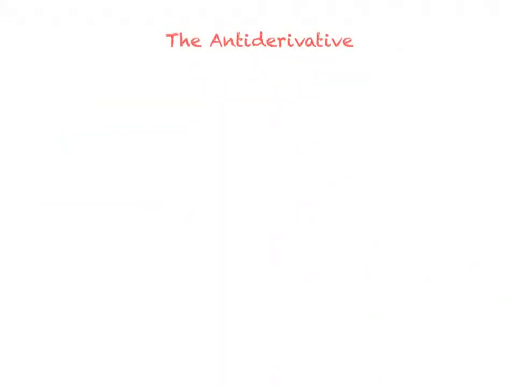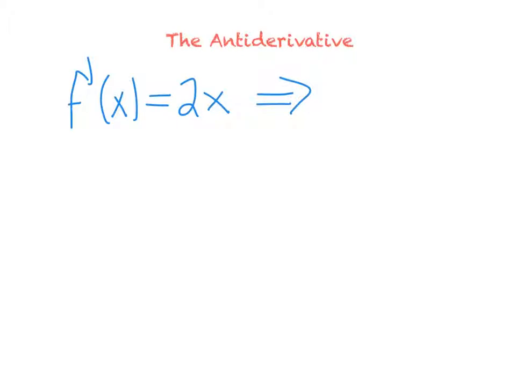I'm going to start the explanation with a very simple example. Let's think of the derivative as 2x. In this case, what would be the function whose derivative equals 2x? If you remember, we used to multiply by the exponent of the function and then subtract 1 from that exponent.